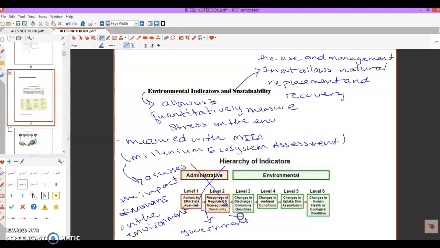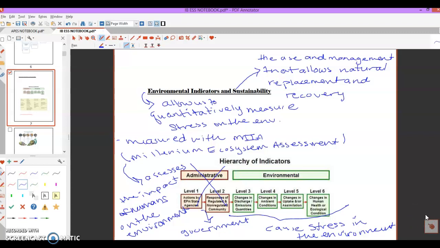So all 4 of these things right here, we say they cause stress in the environment.